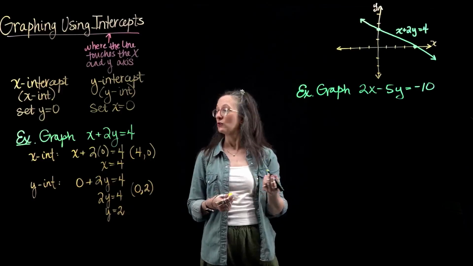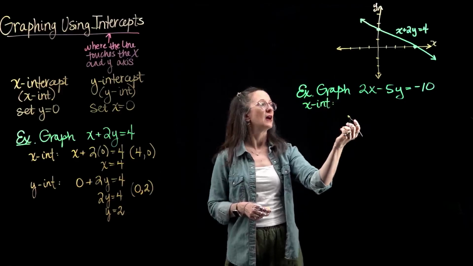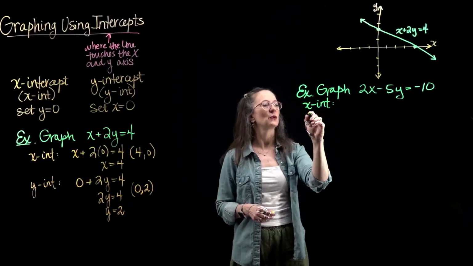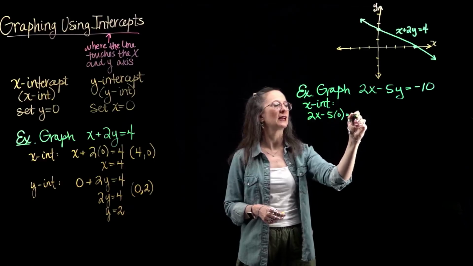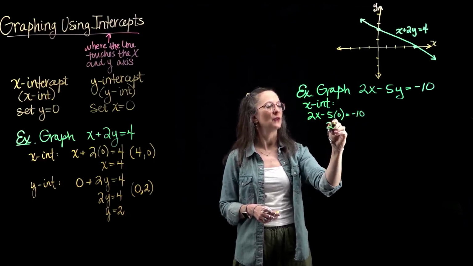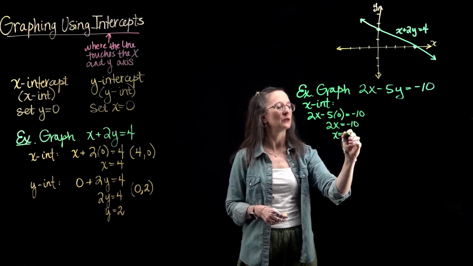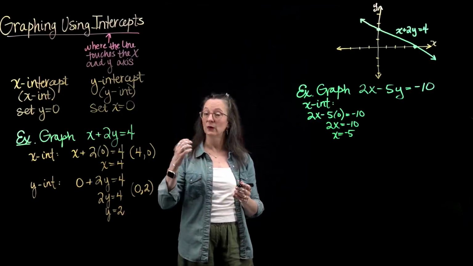All right, so my x-intercept, I'm going to set y equal to 0. So 2x minus 5 times 0 is equal to -10. 2x is -10, and x is equal to -5. Great, one down.